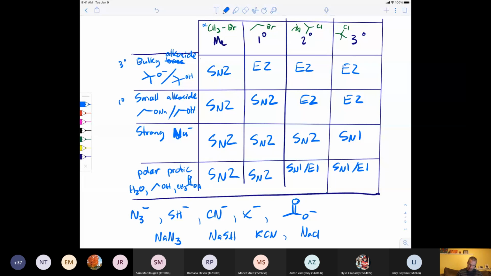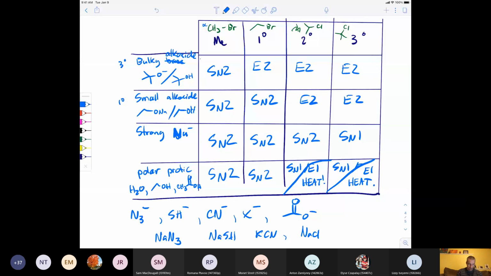But the way we're delineating these, if I can cut them in half like this, E1 has heat. Raising the temperature will favor elimination over substitution because elimination reactions have a higher positive delta S. They increase the entropy of the system more than a substitution, because they make more particles.